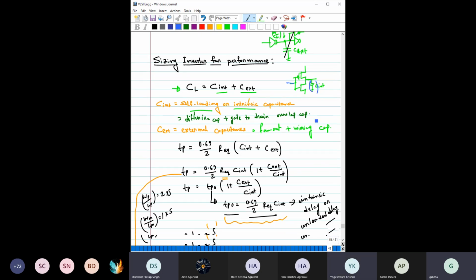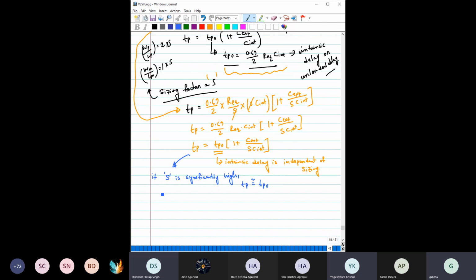Because we have seen from here that when the sizing factor is very large, then this Tp will become equal to Tp naught. And we have also seen this Tp naught, this intrinsic delay does not depend on the sizing, right? Then what do you think?